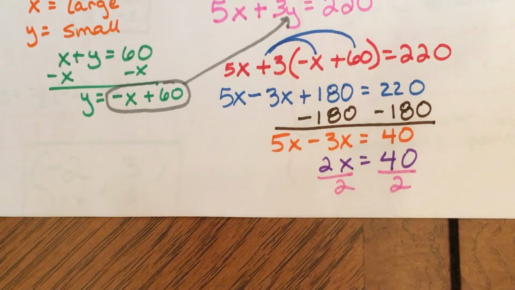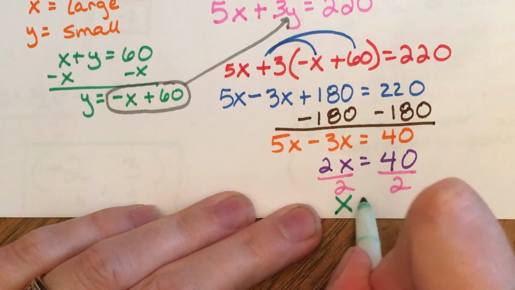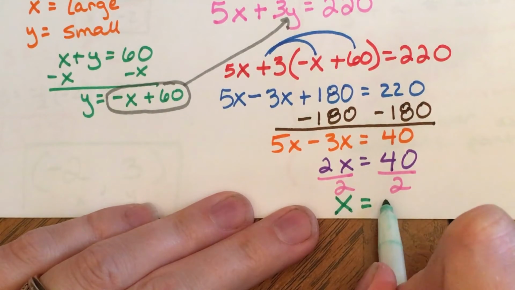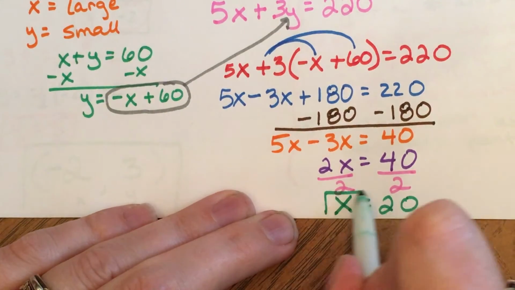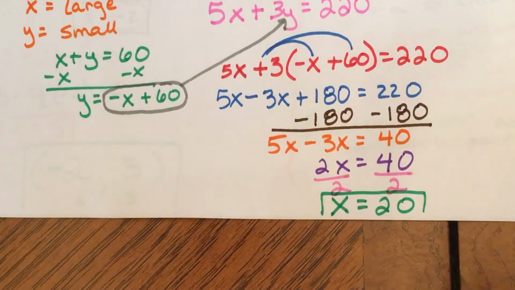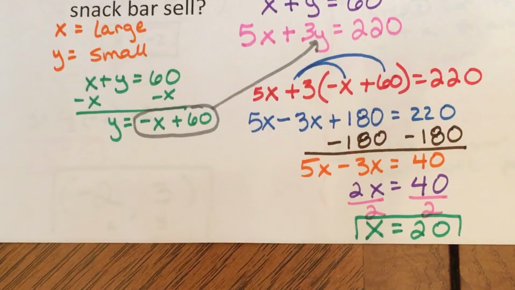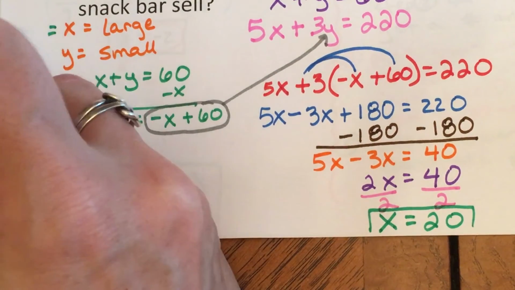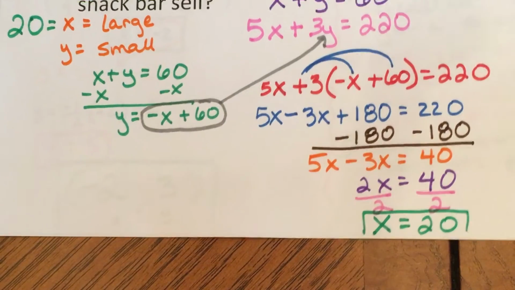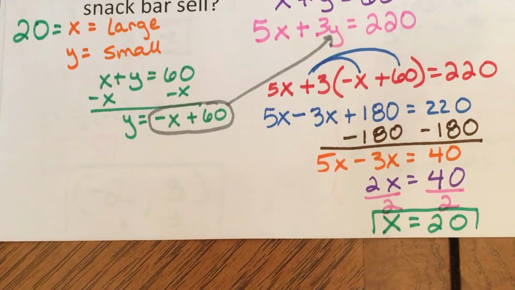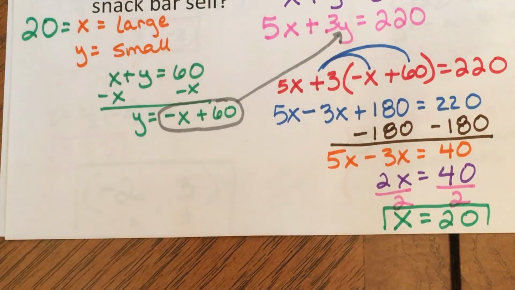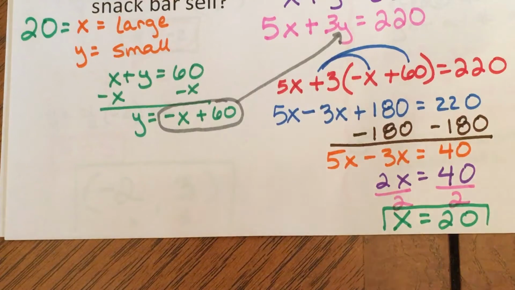So how many x's, how many large snacks did I have? 20 of them. Cool. We found that we have 20 large snacks. All right, let's go grab the small real quick. We've done all the hard part. We're like home stretch.